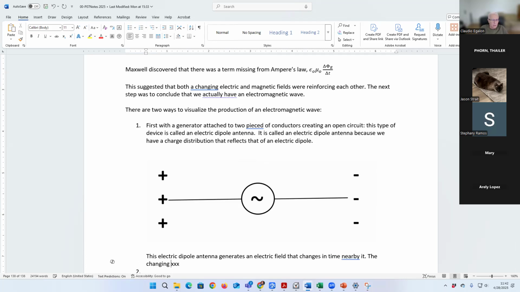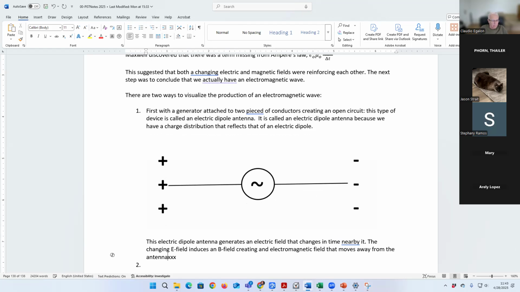The change in E field induces a B field, creating an electromagnetic field that moves away from the antenna. Okay?